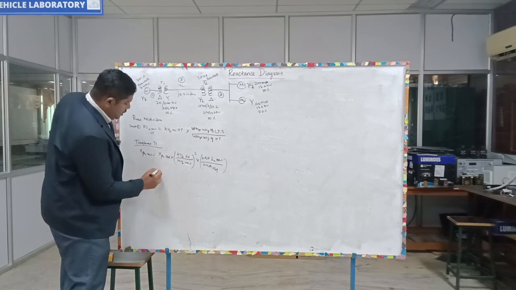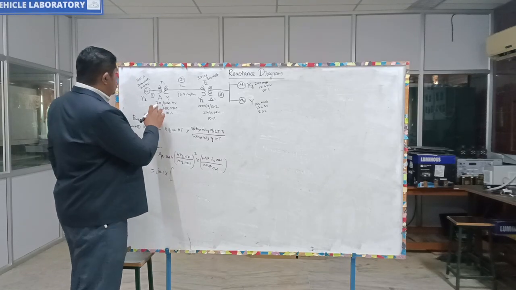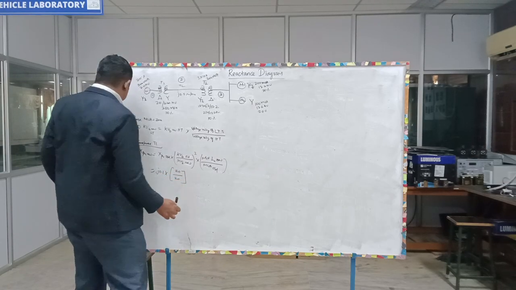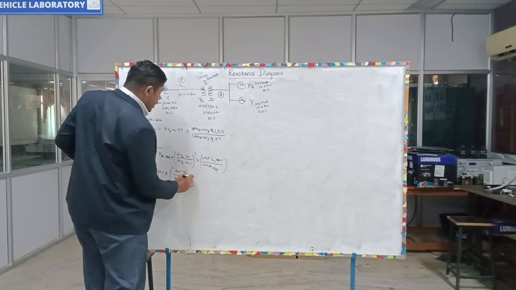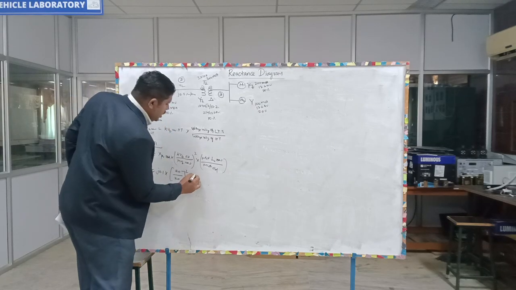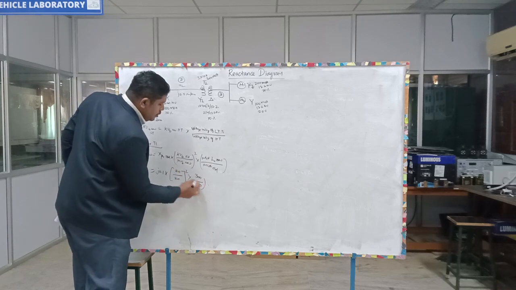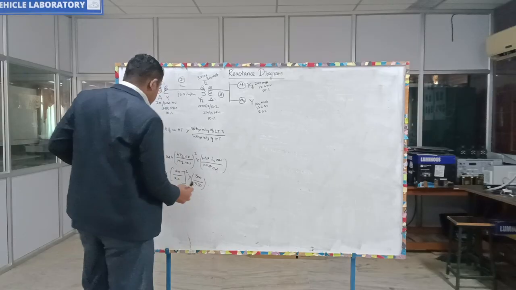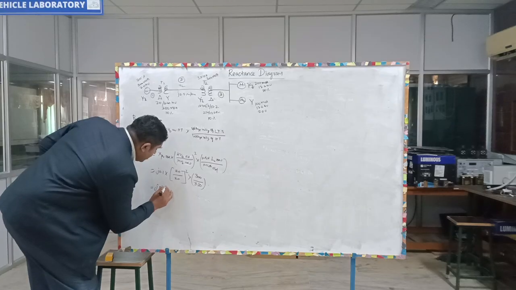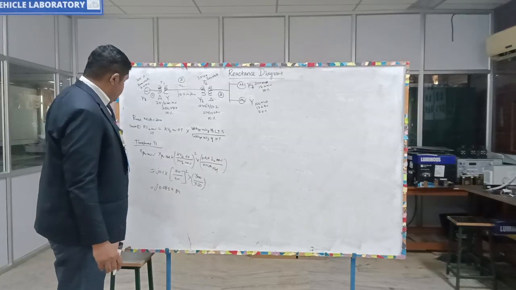It is J0.1 into kV base old is 20, kV base new also is 20, squared, into MVA base new 300, MVA base old 350. So the answer is J0.087 per unit. This is for transformer T1.